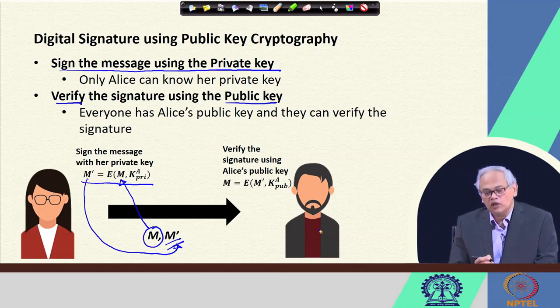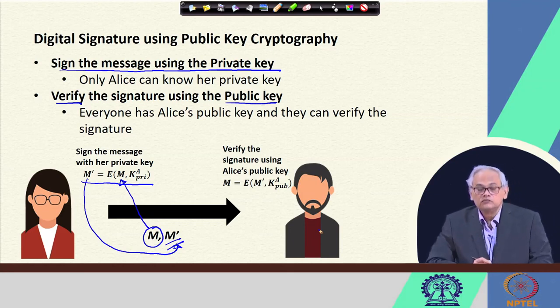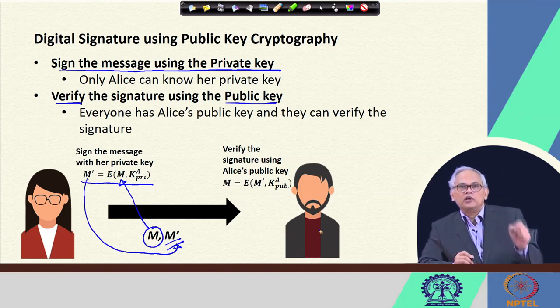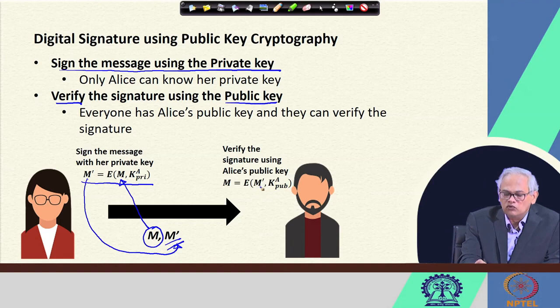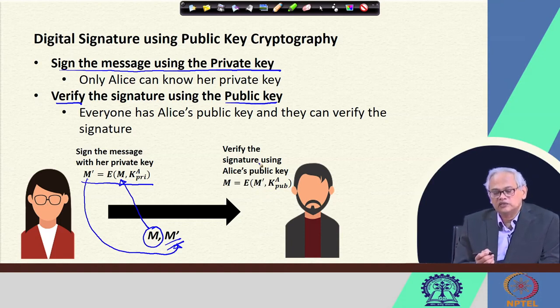So, Bob will have to ensure that it was Alice who must have sent this message. What can Bob do? This is where the public key of Alice will be used. Bob will now verify the signature using Alice's public key.